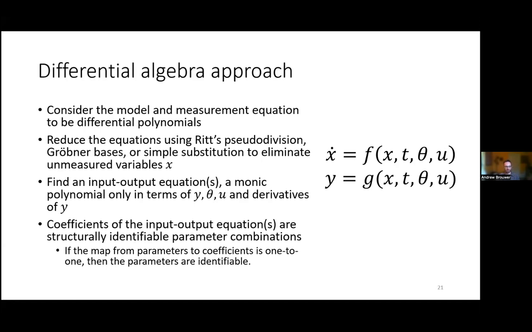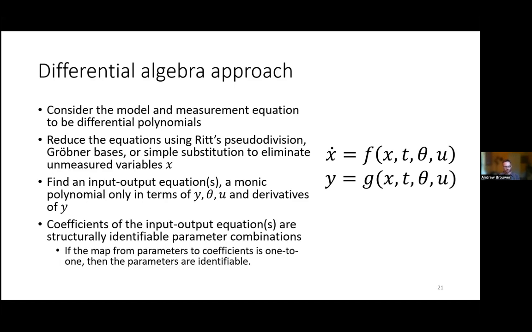So if we have, let's say, parameter theta1 and parameter theta2, and in our input-output equation coefficients, they never appear individually and only appear as the product theta1 theta2, then any value of theta1 could be compensated by a commensurate change in theta2, such that the product is kept the same. And so what we would say is that individually those two parameters are not structurally identifiable, but their product is.